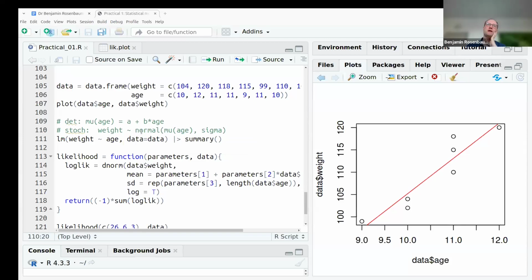So you use this property that the data here is normally distributed around the mean prediction, but you make this here a function of the parameters themselves, right? So the parameters go in here into the mean prediction and into the standard deviation, and this defines the likelihood function. And you can use any method you like to find the best possible value for this likelihood function. Internally in GLM and so on, this is how it is computed.